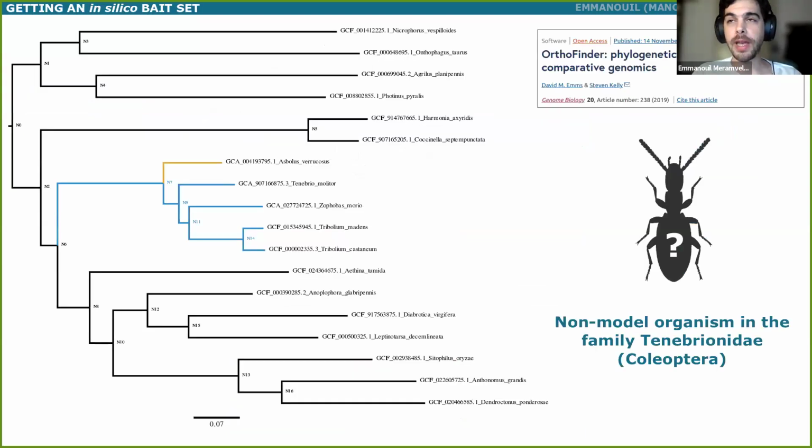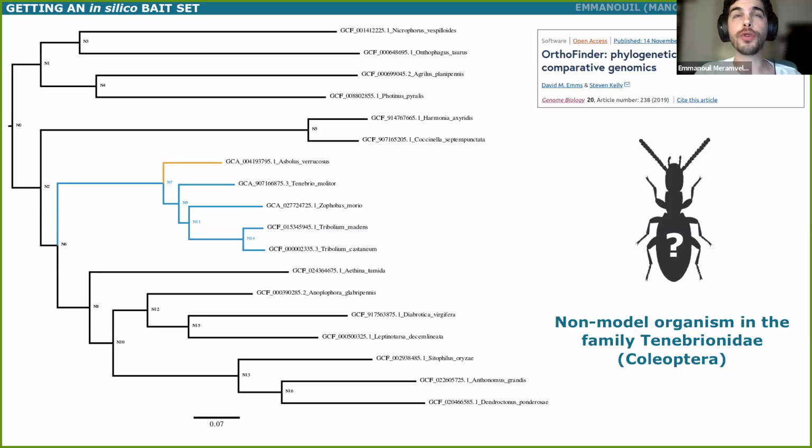So imagine that you are interested in a non-model organism, let's say a genus of beetles taxonomically placed in the family Tenebrionidae. What you have to do first is to create your in silico bait set, and we wanted to use something specific for Coleoptera, but this did not exist in the BUSCO datasets.